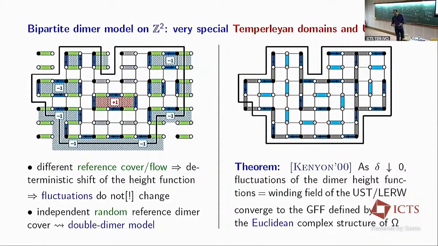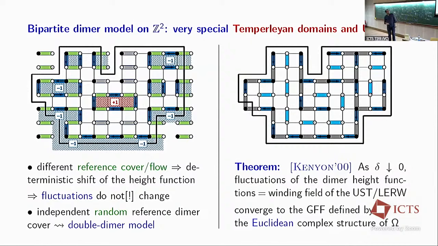The theorem is that as the mesh size of the grid tends to 0, the fluctuations of the dimer height functions converge to the GFF, in the original complex structure of the domain.